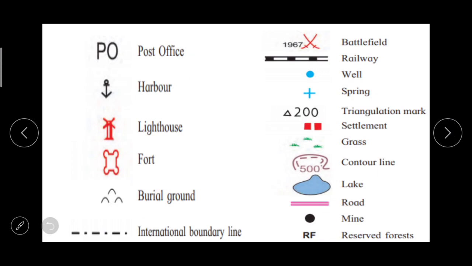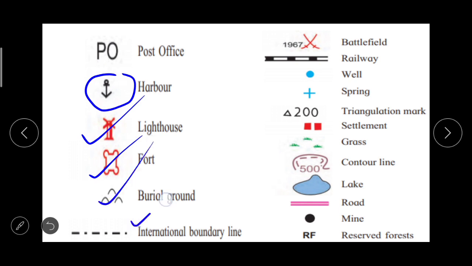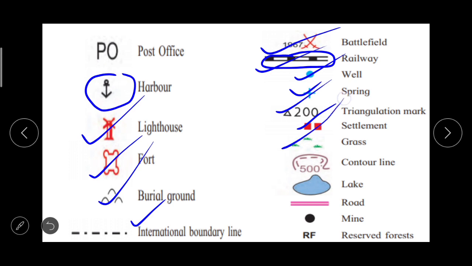Here it is given in our textbook. PO is the post office, then this one harbor, lighthouse, fort, burial ground, international boundary line, battlefield, railway, ये जो railway का track है इसे दिखाया है, then the well, spring, triangulation mark, settlement, grass, contour line, lake, road, mine, and RF, which means reserved forest.